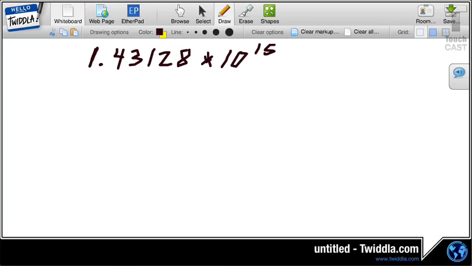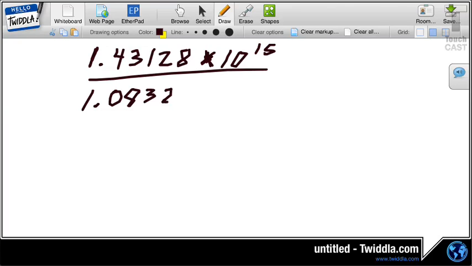And that's the volume of Jupiter, in units that I forgot to note. Volume of Earth, 1.08321 times 10 to the 12th.